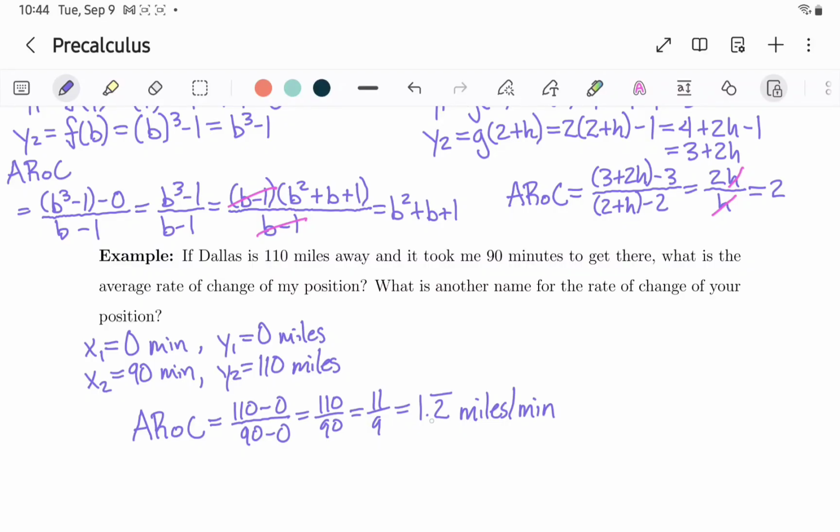And so here, the average rate of change is just our speed in terms of miles per minute.